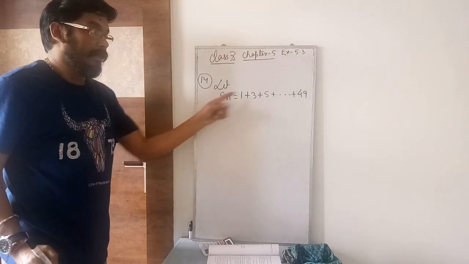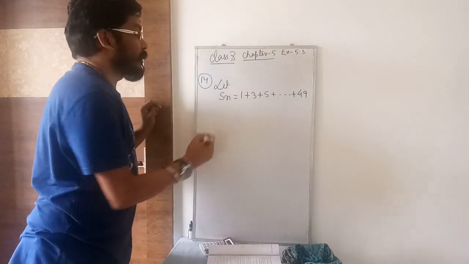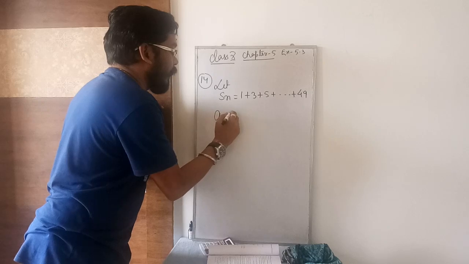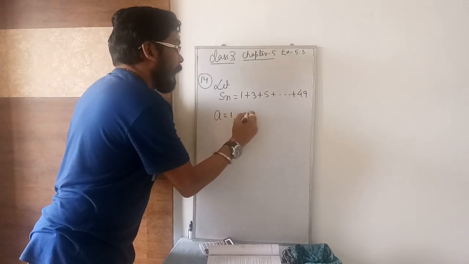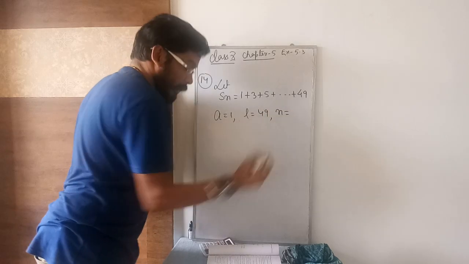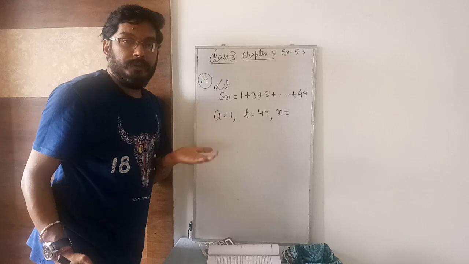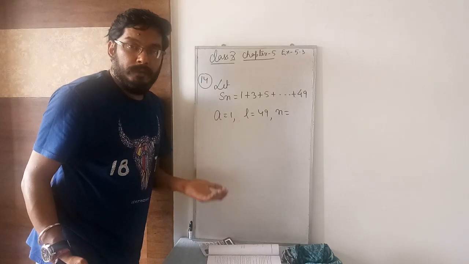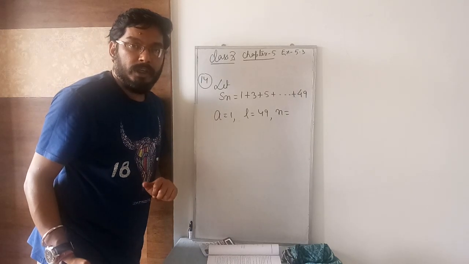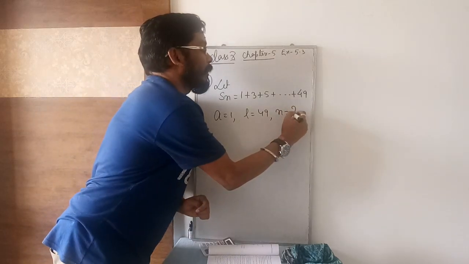I can use a shortcut: a equal to 1, l equal to 49, and for n, from 0 to 50 there are 50 numbers. Out of 50 numbers, 25 are even and the remaining 25 are odd. I am finding the sum of odd numbers, so n will be 25 here.